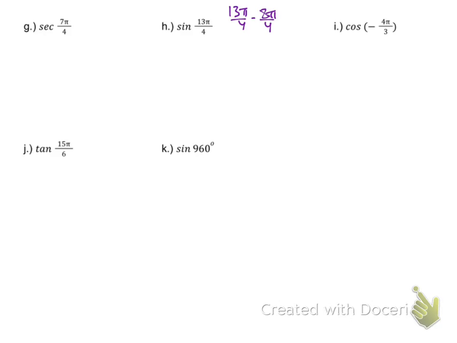Can I just do that right there? Look at that. I just changed it to 8 pi over 4. Because that is 2 pi. What is 13 pi minus 8 pi? Five pi over 4. So wait a minute. So you're saying that sine of 13 pi over 4 is the same value as its coterminal angle of 5 pi over 4? Yeah?